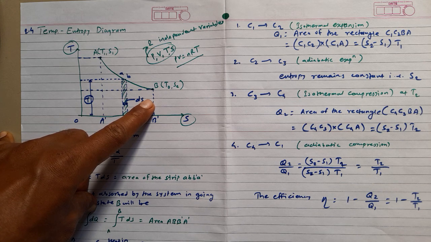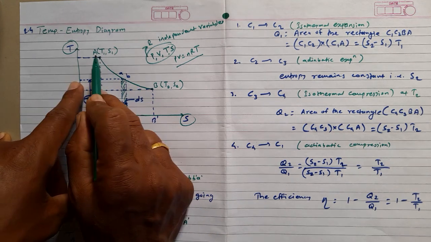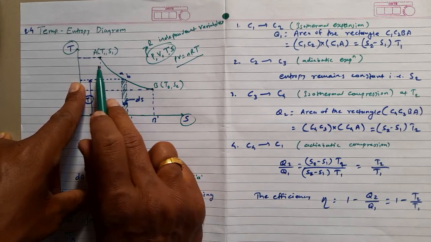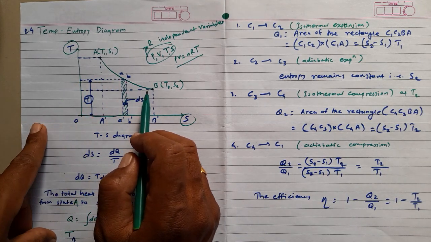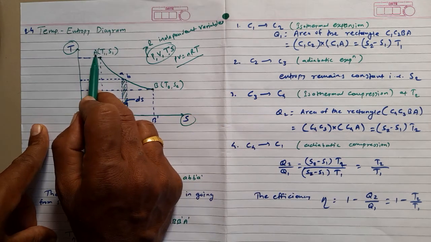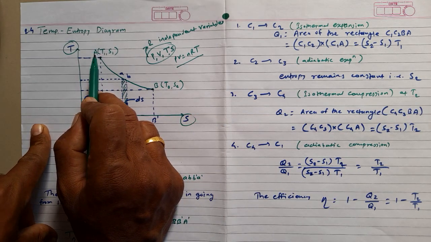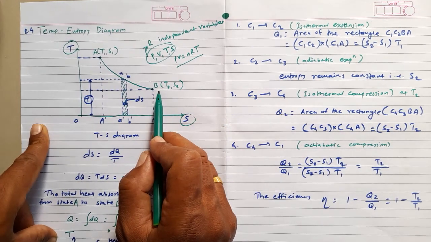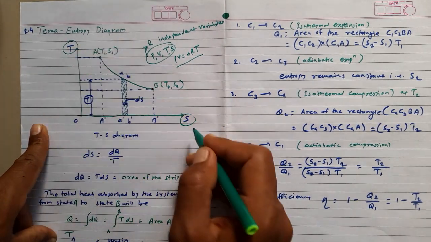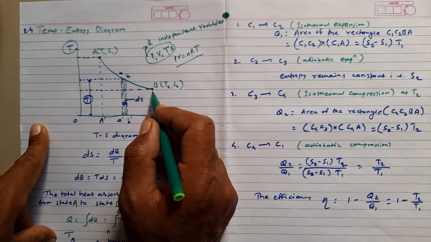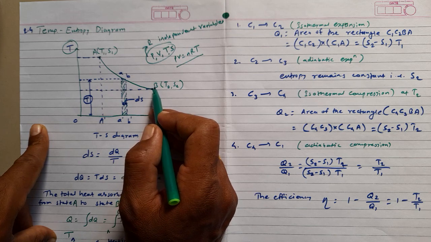The curve passing through these two points, curve AB, represents the continuously changing state from the initial state A to the final state B, or vice versa.